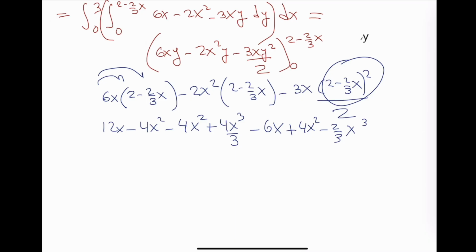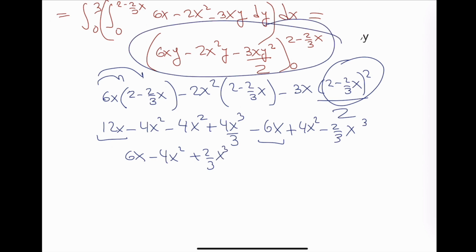Let's combine like terms, and putting all the x together, we get here that this is 6x minus 4x squared plus 2/3 x cubed. So we did then the evaluations, and it's just that thing here.